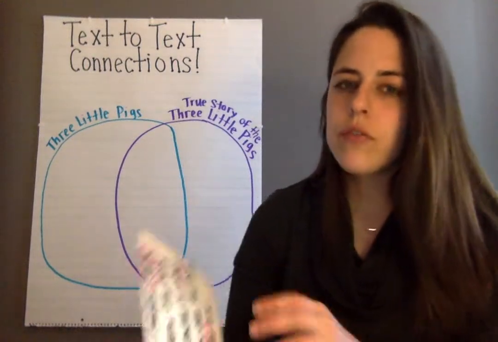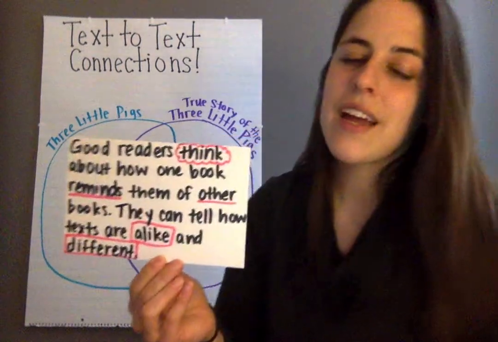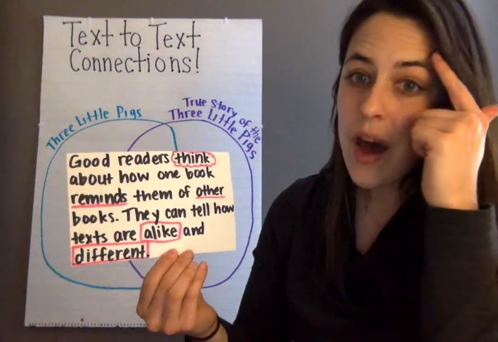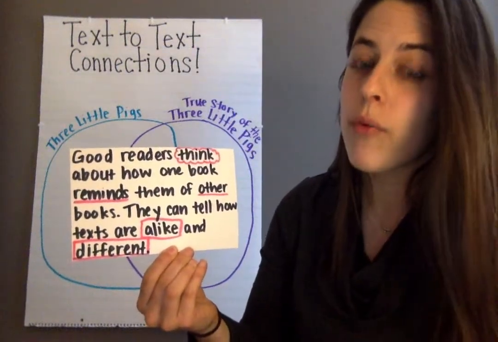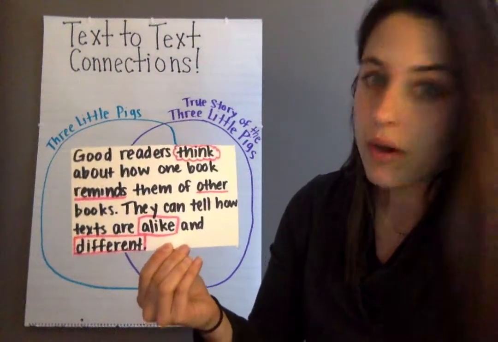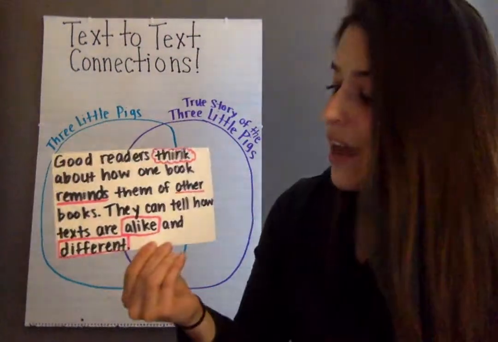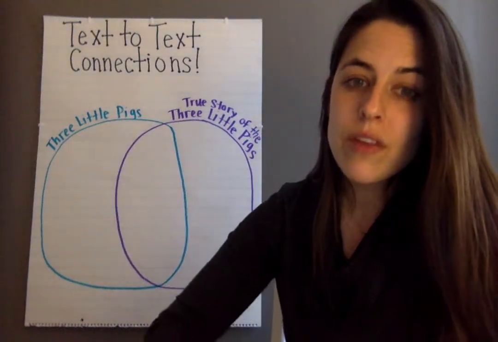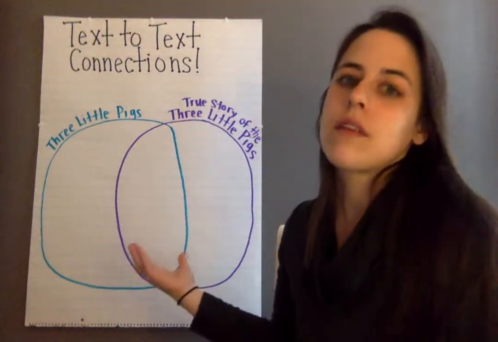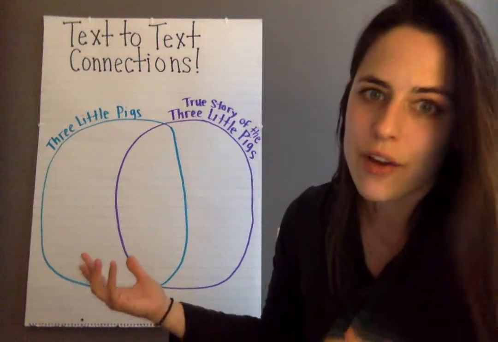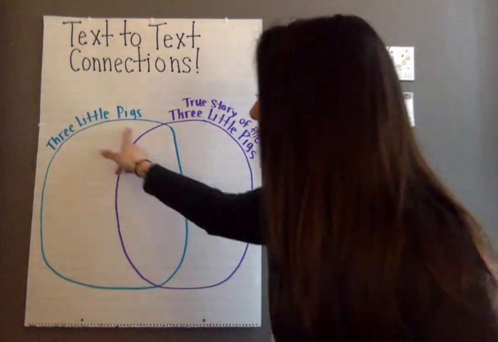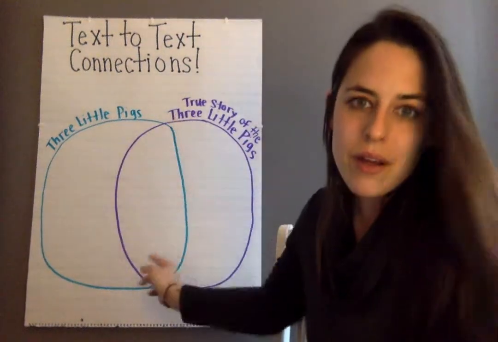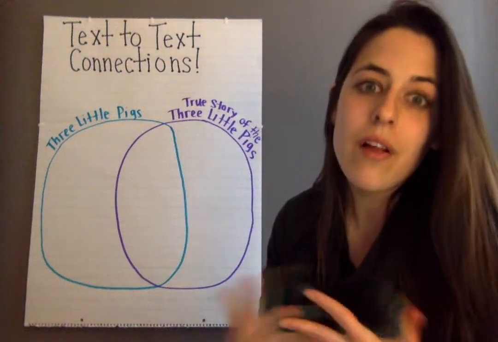So, something to think about for text-to-text connections is that good readers think about how one book reminds them of other books. They can tell how texts are alike and different. So when we do that, sometimes we use different tools, like a Venn diagram, for example, tells us how one story is different than another, but in the middle, it will tell us how they are alike.